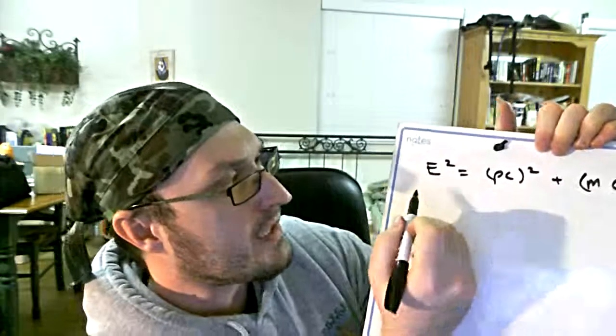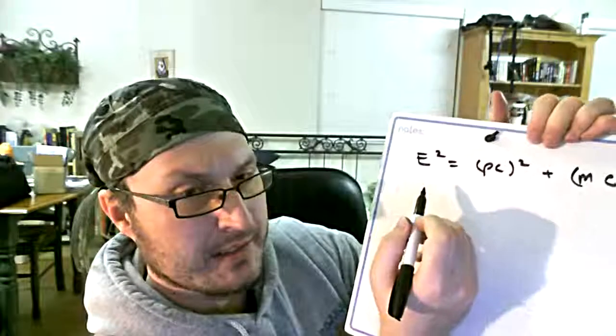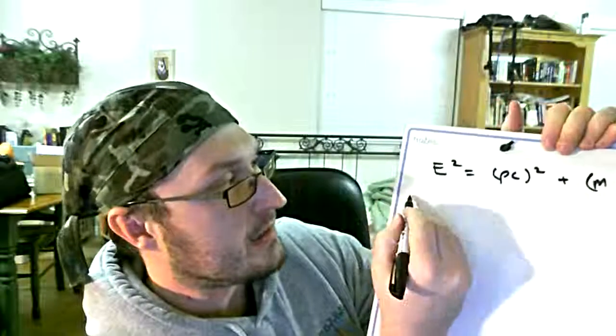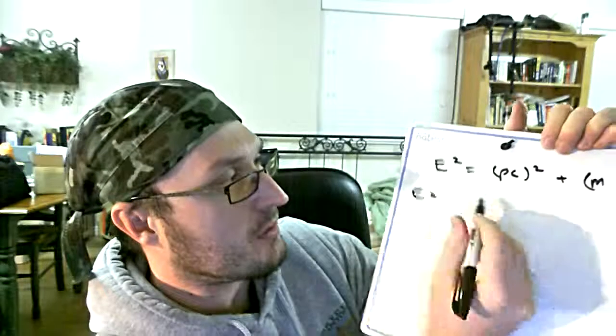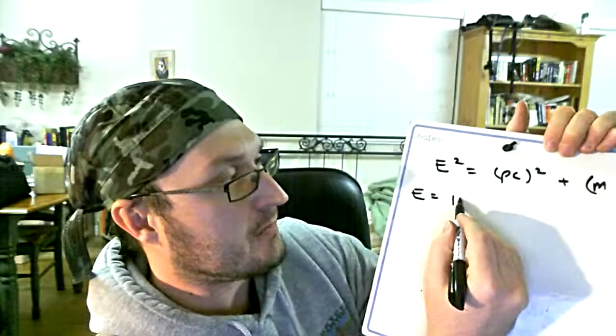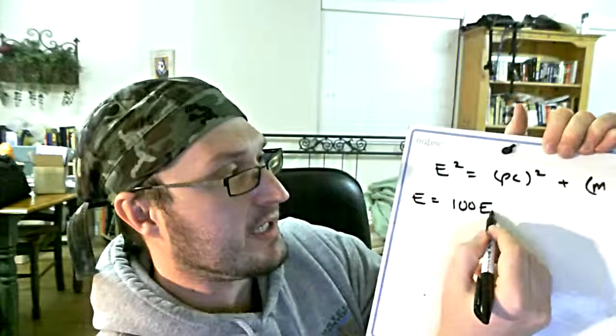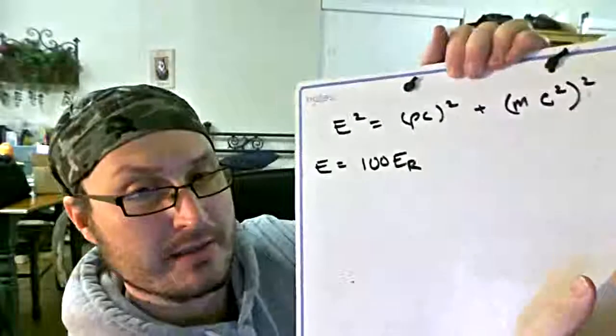So what they give us at the beginning is that E equals 100 times, so the energy at that relativistic speed is 100 times the energy at rest, E sub r.